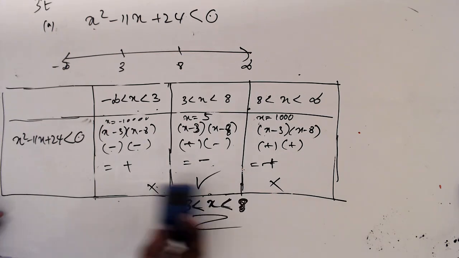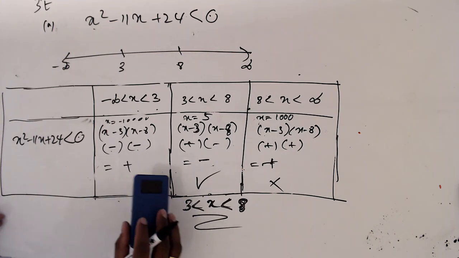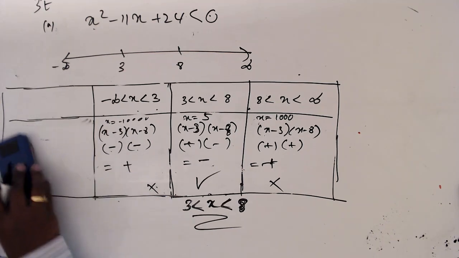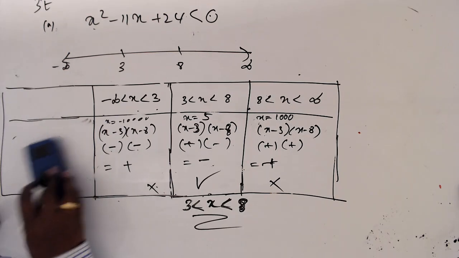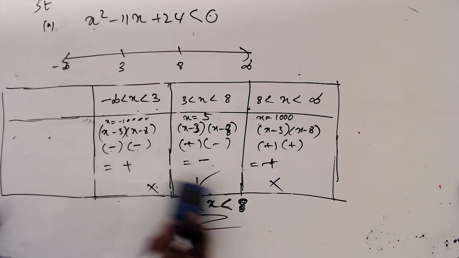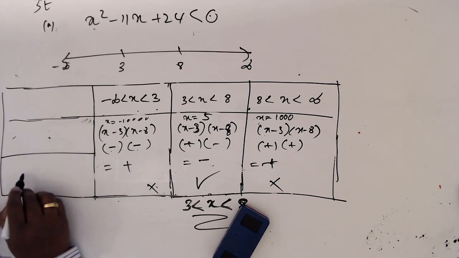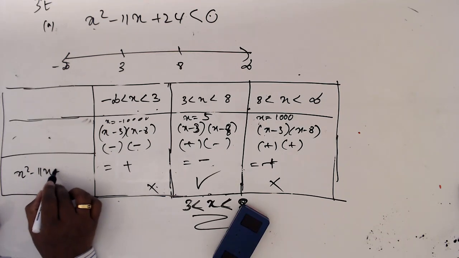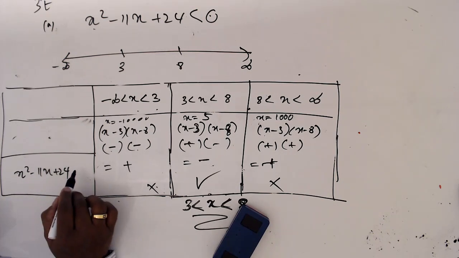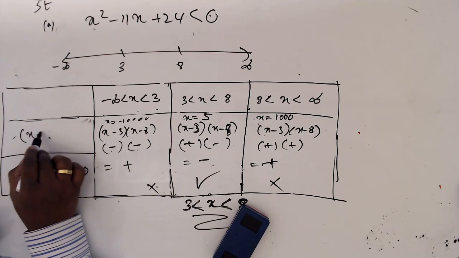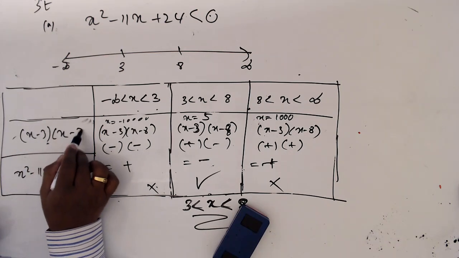I'll do a small modification in this calculation now. A different way of working, the same method. I'm breaking it into 2 now. x square minus 11x plus 24 less than 0, x minus 3, x minus 8.